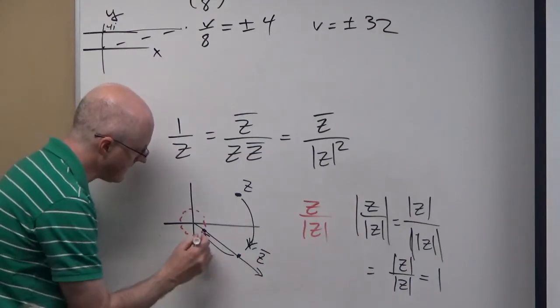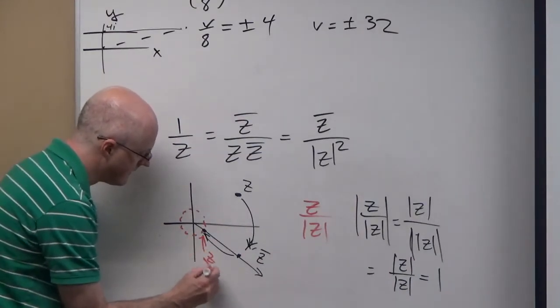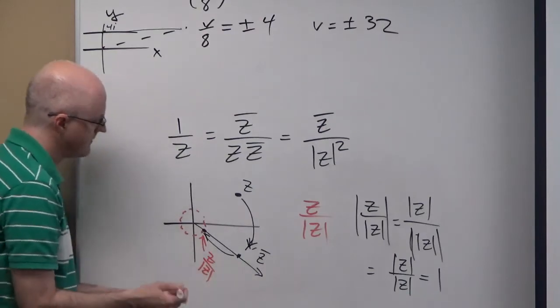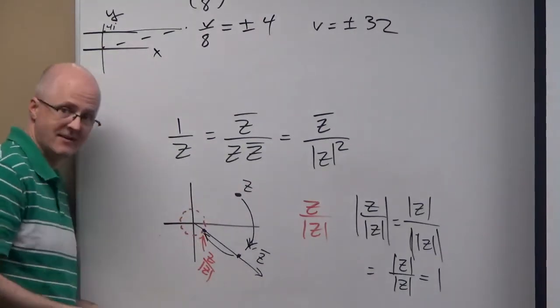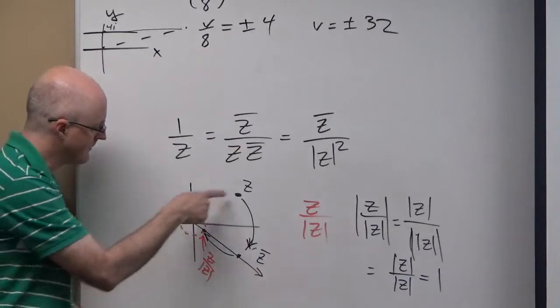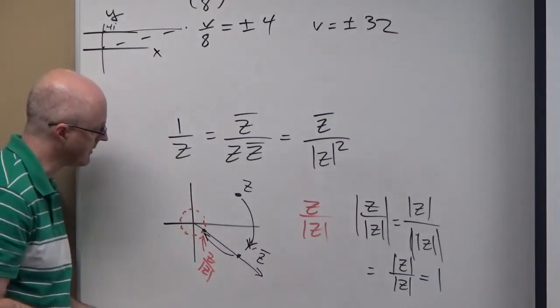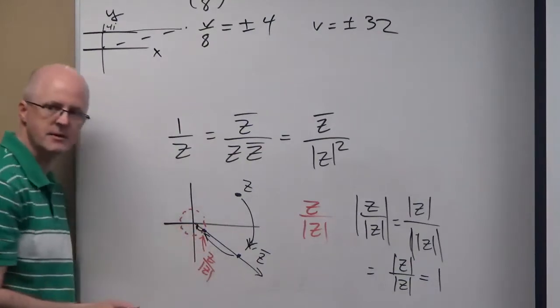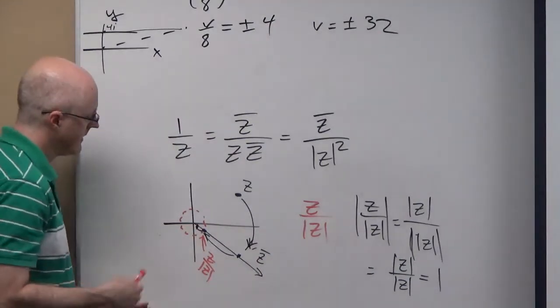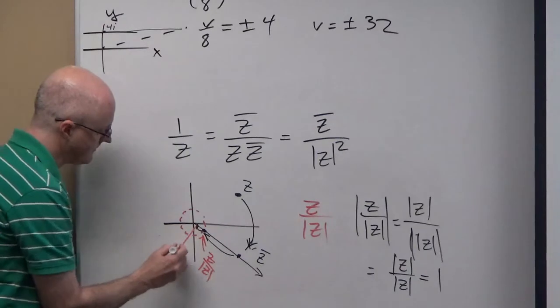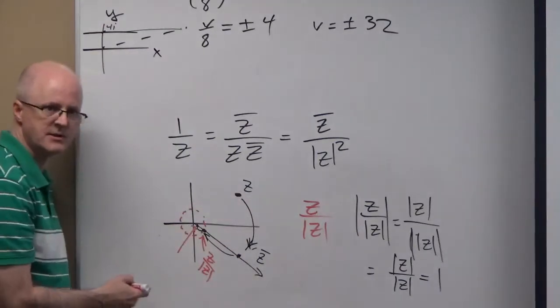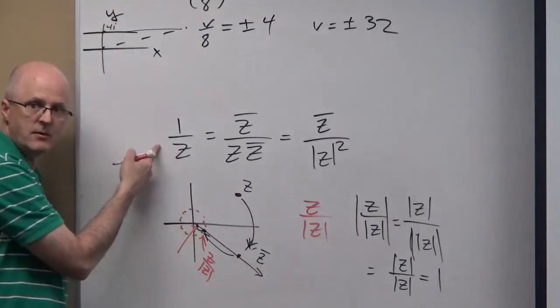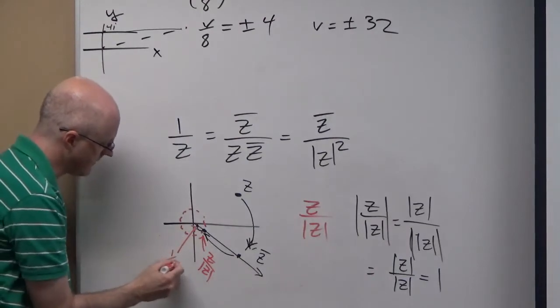Right there. It's not the final answer yet. Now divide by the modulus of z again. And with this picture, the modulus of z being bigger than 1, that's going to get mapped to a point inside the unit circle. The modulus of this point is the reciprocal of the modulus of the original point because it's equal to 1 over z. That's 1 over z.